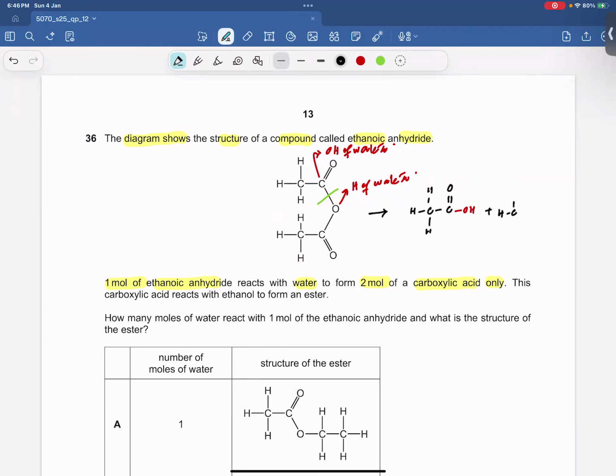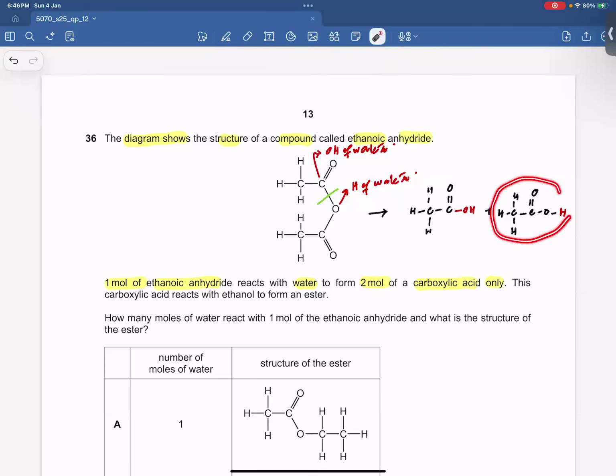This is CH3, this is CO, this is O, and this is H. Again, this is also ethanoic acid. So both are ethanoic acid, which is why the examiner is saying 2 moles of carboxylic acid only, 2 moles of ethanoic acid only.